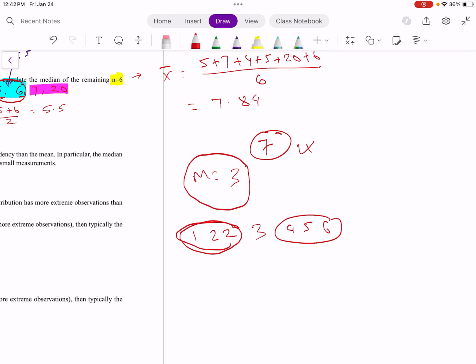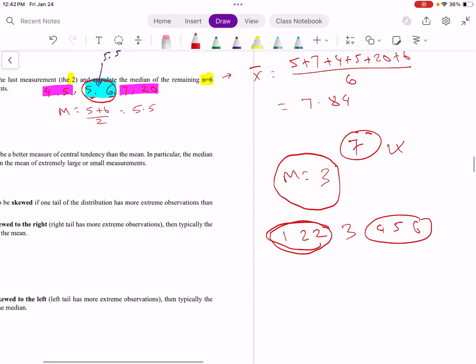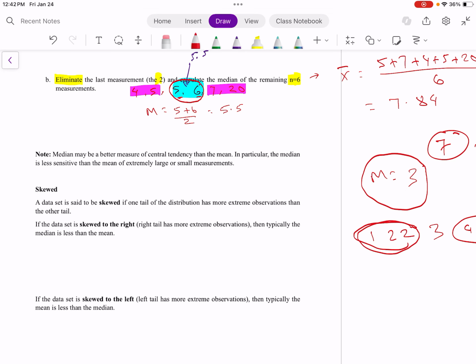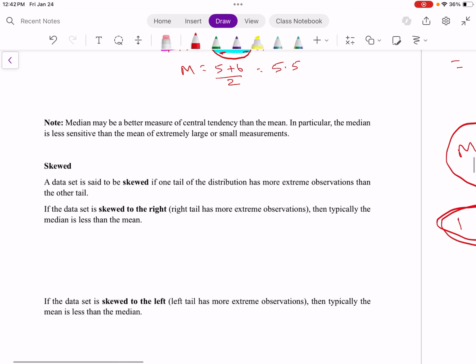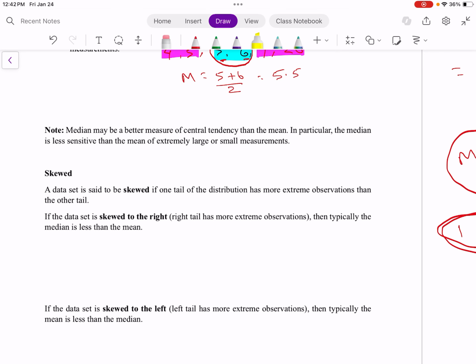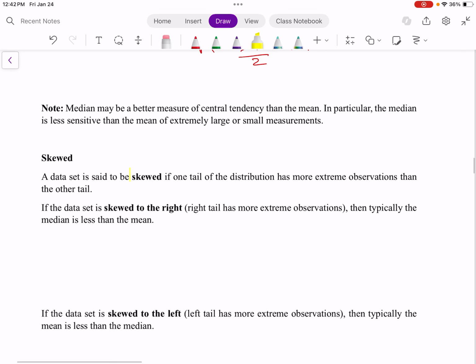That's what we are trying to do, describing our data set with these single values. The next thing is that we call our data set skewed if one tail of the distribution has more extreme observations.